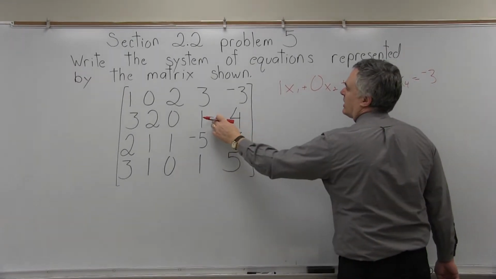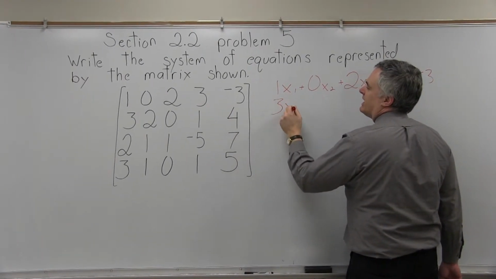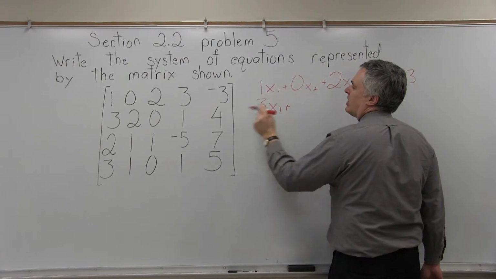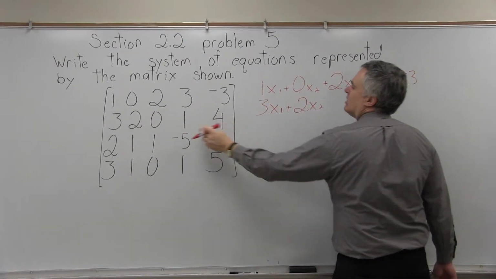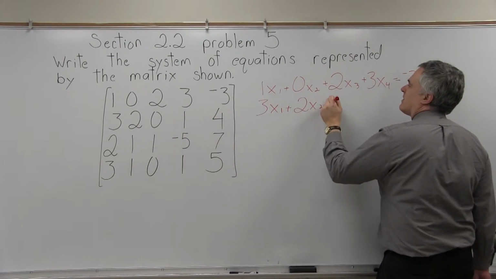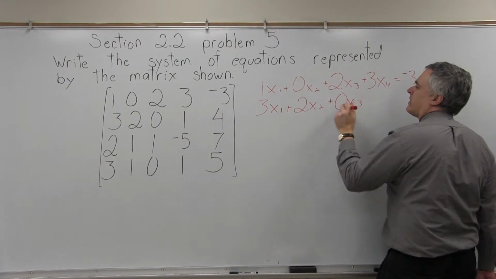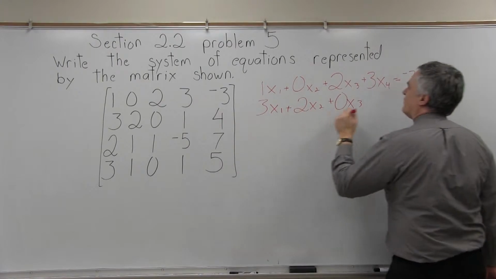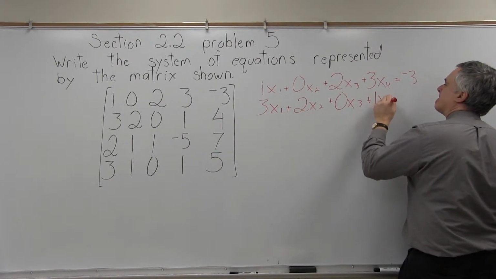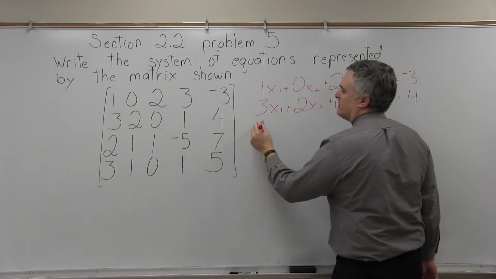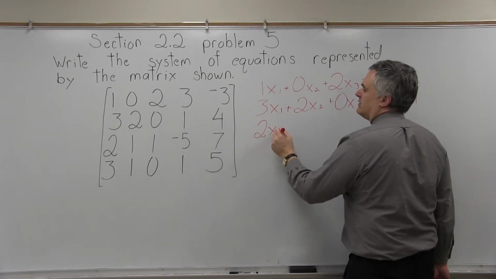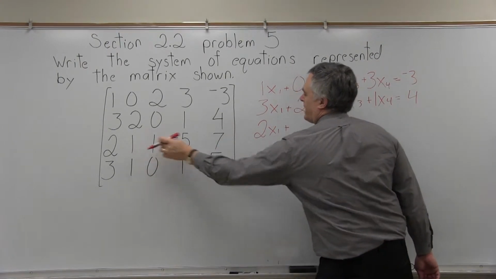Now the second row, you will have 3x1 plus 2x2 plus 0x3 plus 1x4 equals 4.